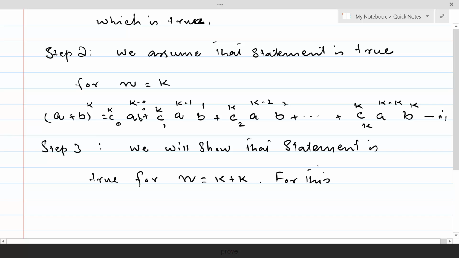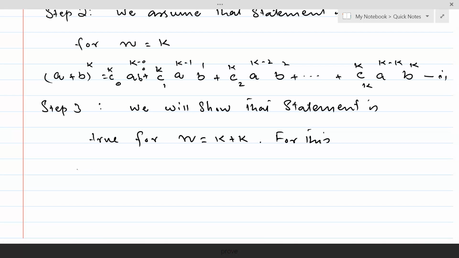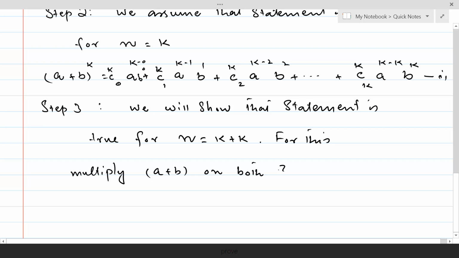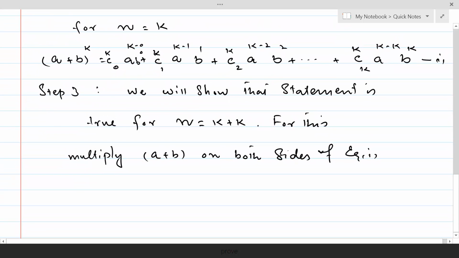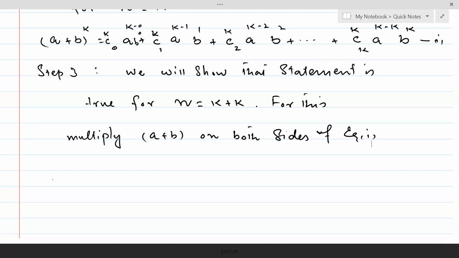For this, we multiply a plus b on both sides of equation 1. And if we multiply a plus b on both sides of equation 1, the left side will become (a plus b) power k times (a plus b) power 1, or just leave it like that.